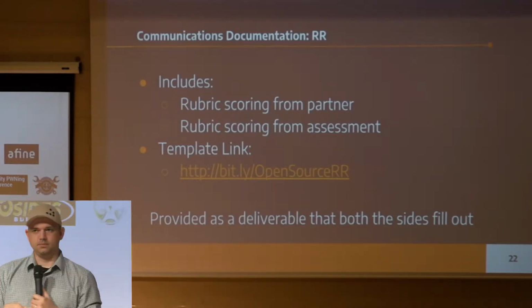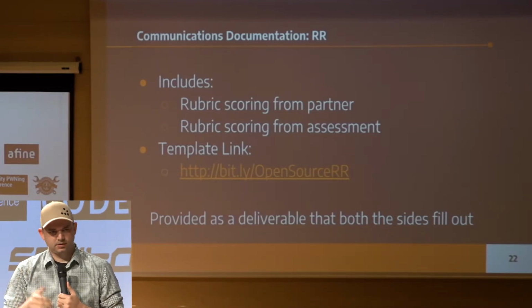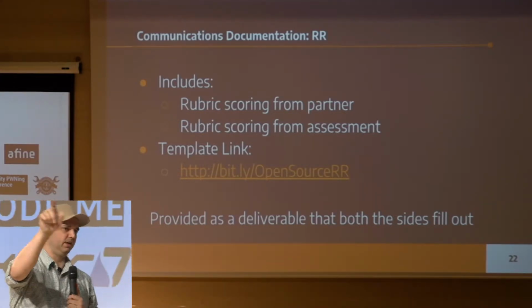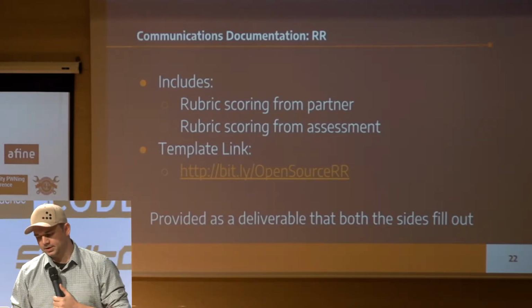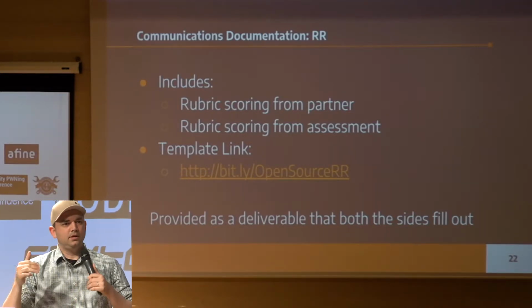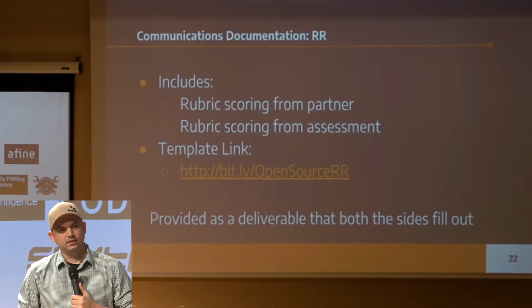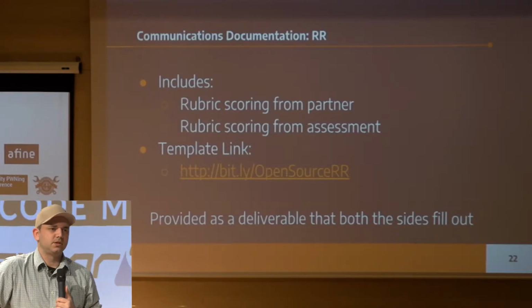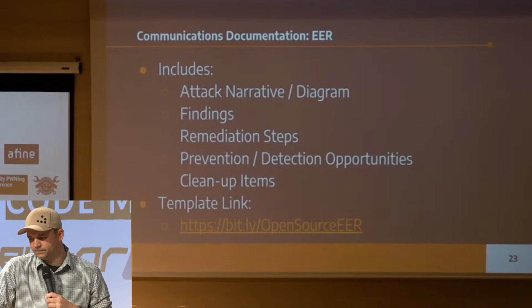But if the blue team or the partner says, we definitely have AV and it's the best on the planet, green, or 5, or whatever the rubric is, then you marry that up at the end and really find out how that works out, and you get to give the customer something they can actually act on when it comes to detection.